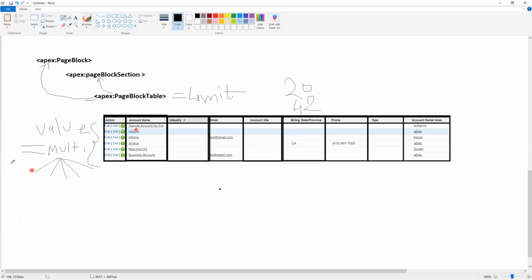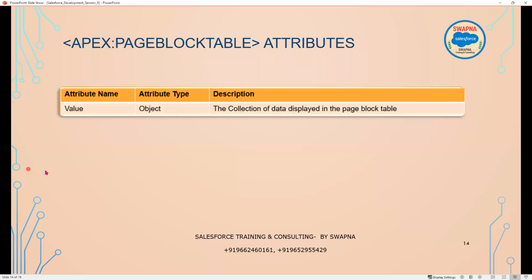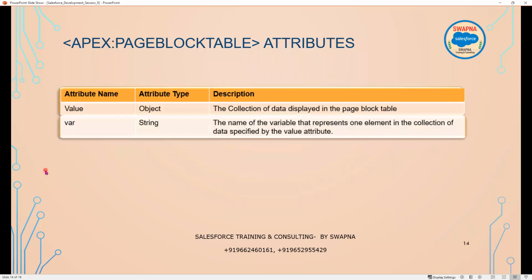For that, we have another attribute called var. Var equals, we will specify some name to it. By using the name declared within the var, we will display each record.